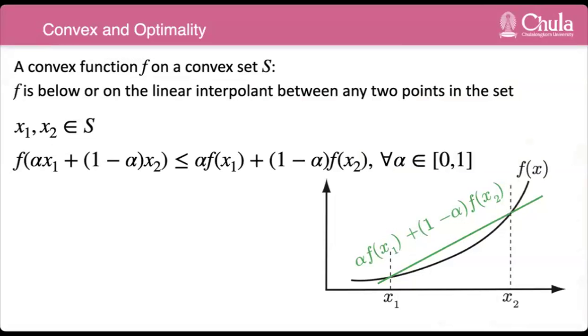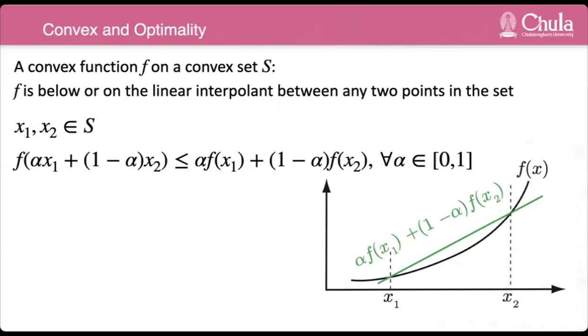If f is a convex function, the linear interpolant between any 2 points always lies above the value of the function. So we call this function a convex function.